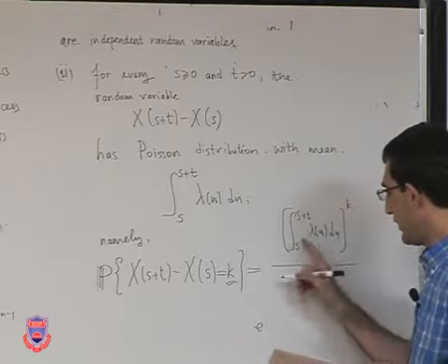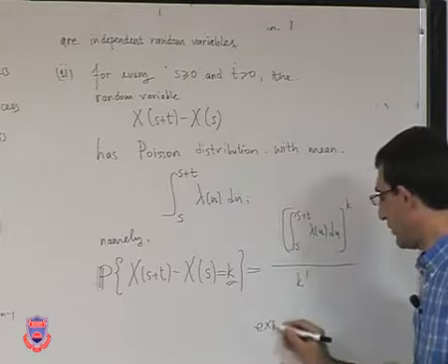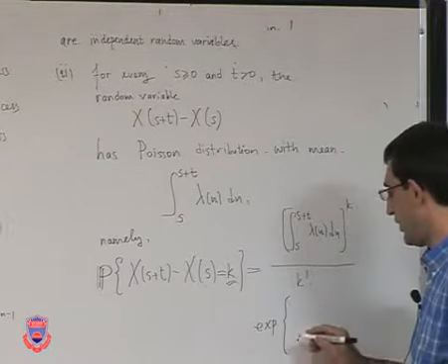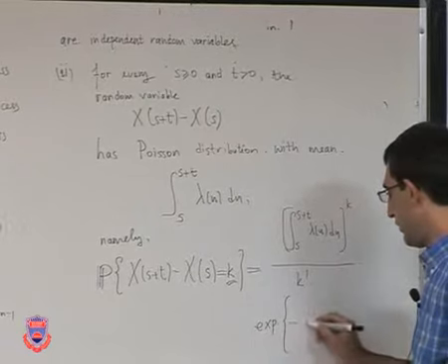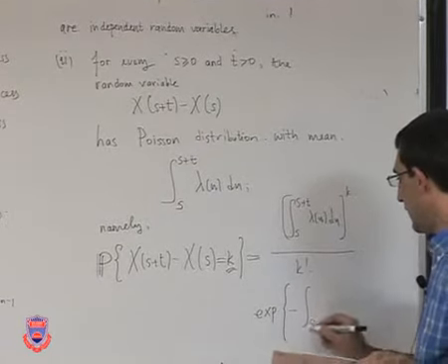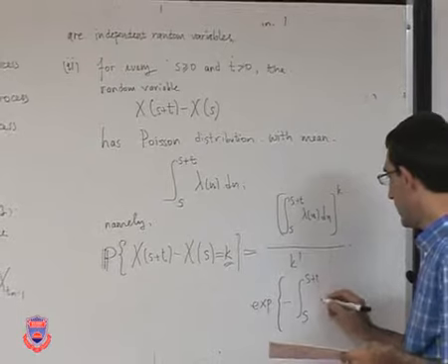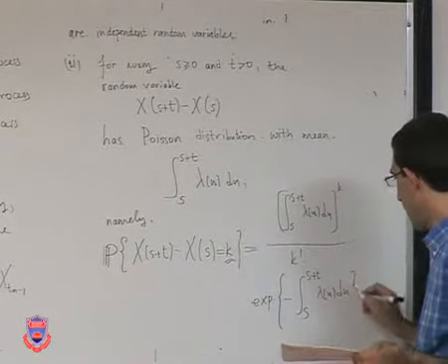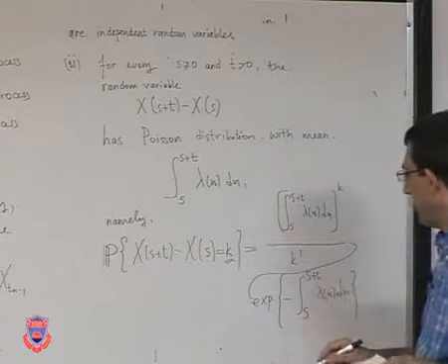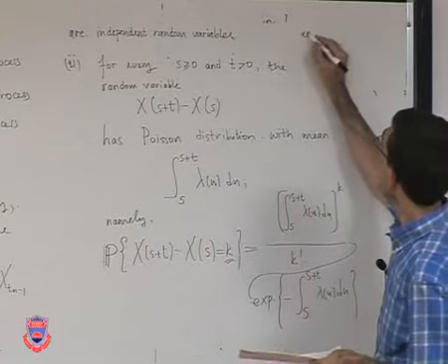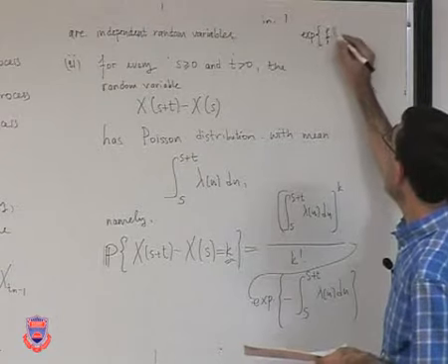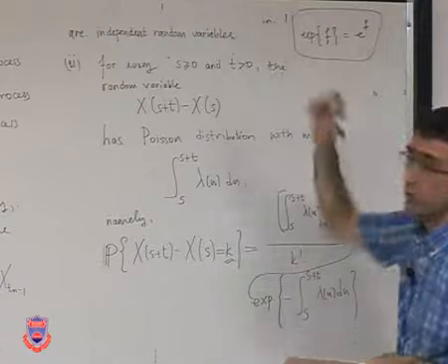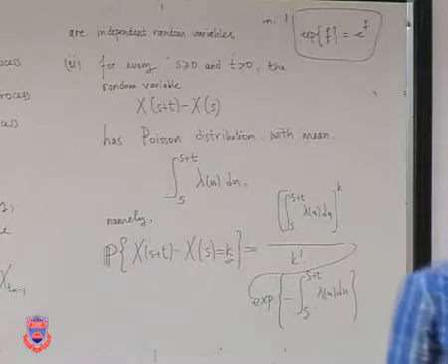This is too large to put as an exponent on the letter e. Instead we will use this notation: exp of minus the integral from s to s plus t of lambda(u) du. So exponential of any f is e to the f. That's the notation we will be using.